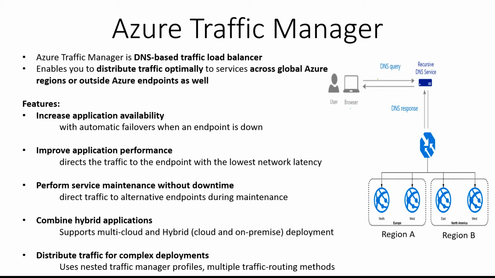The scope of traffic manager is global, it is outside the VNet, and it can take sites from multi-cloud. It can support multi-cloud, and hybrid also, additionally. Because this works on domains, we are talking about DNS based traffic.